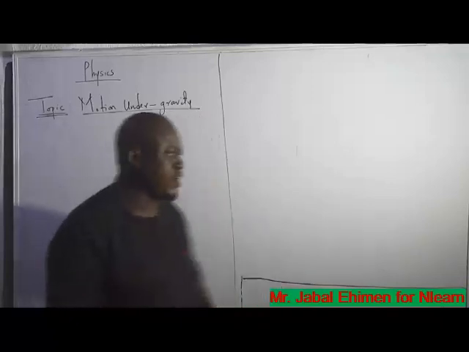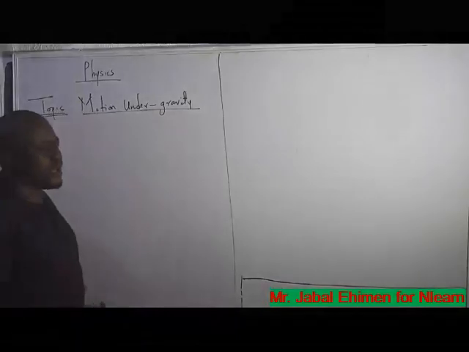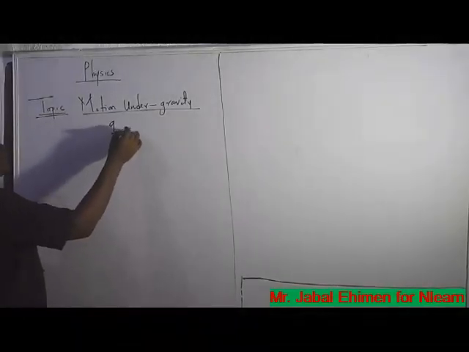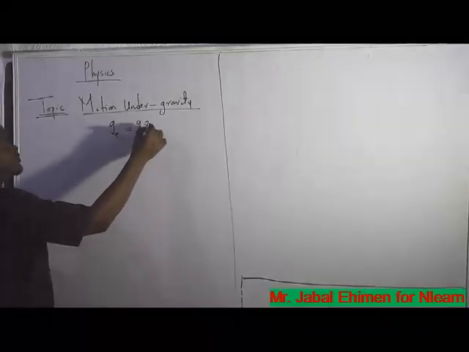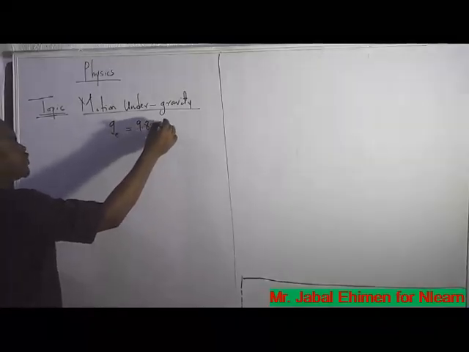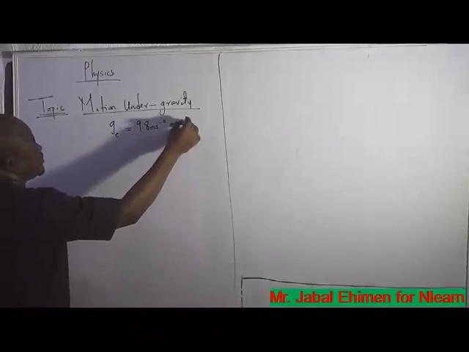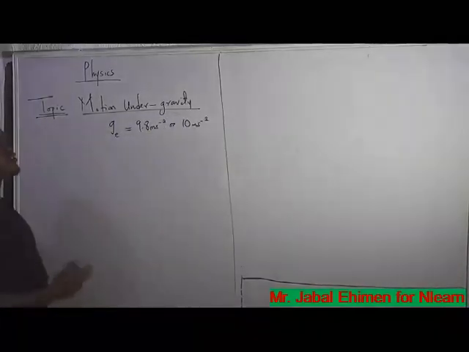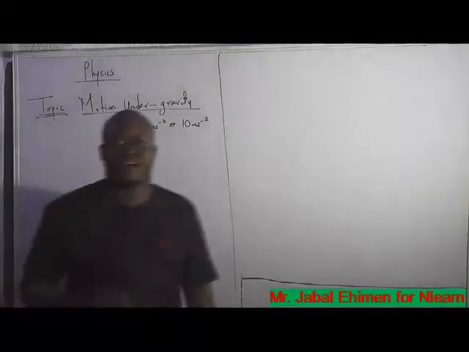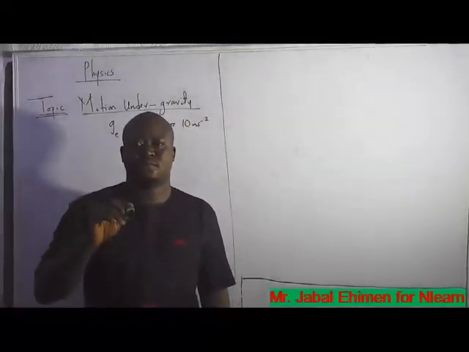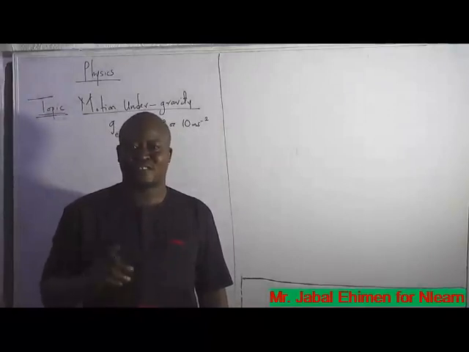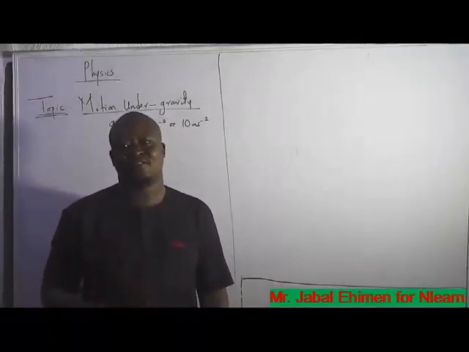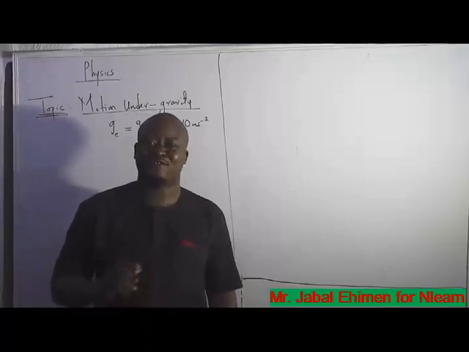On the Earth's surface, we have an estimated value for the acceleration due to gravity, g on Earth, equal to 9.8 meters per second squared, or approximately 10 meters per second squared. So most times you see your teacher write it: take g as equal to 9.8 meters per second squared, or take g as 10 meters per second squared.